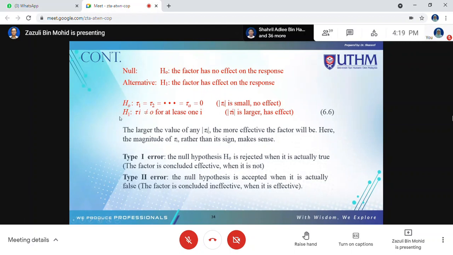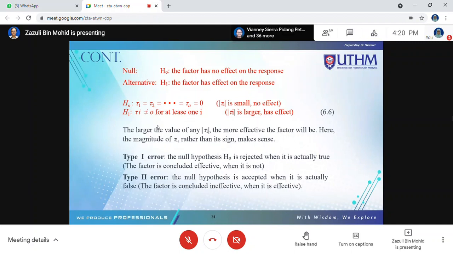Or the alternative hypothesis, stating that the taus are not equal to 0. So the larger the value of any tau, the more effective the factor will be.